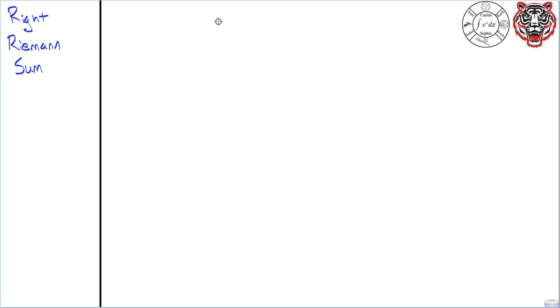Again, let's start with a table. I can start a little bit farther over here. So this is going to be t in hours, and this is going to be capital L of t, and the units here are feet per hour.